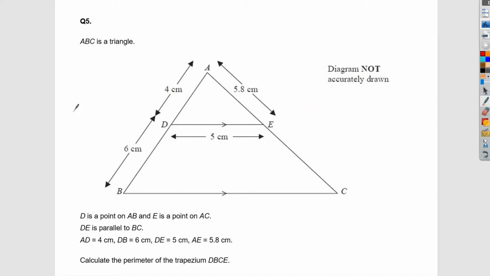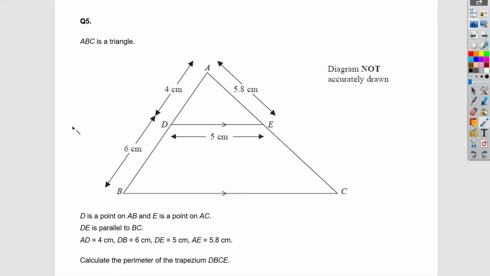Before we do this, it's better if we can draw this smaller triangle. I'm going to draw it here, separate from the actual triangle. In fact, what we'll do is use these tools here. Let's just rub this out and make it a bit straighter.